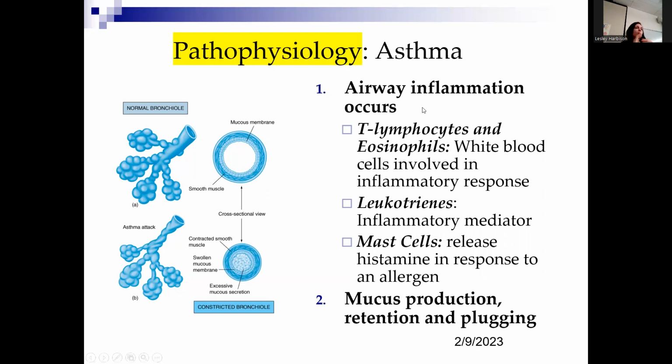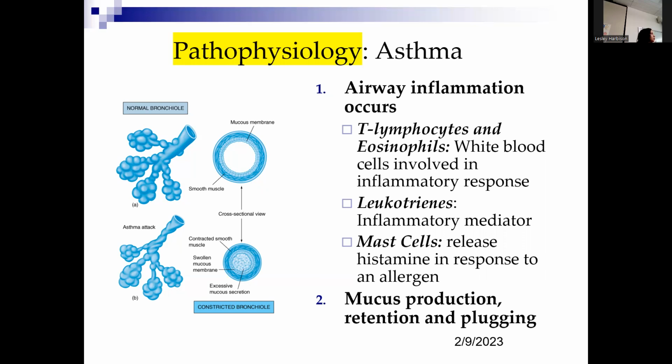And this is the process of asthma. So when somebody has asthma, the first thing they have is inflammation. Underneath the inflammation category, we have these receptors that are being triggered. So the T lymphocytes, the eosinophils, these are all white blood cells that are involved in the inflammatory process.